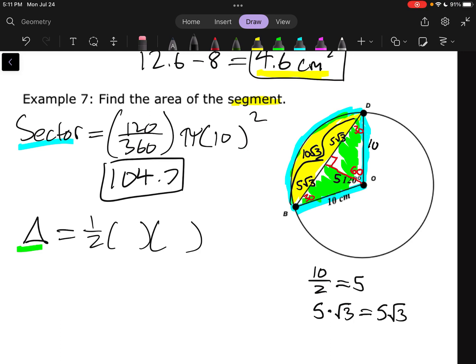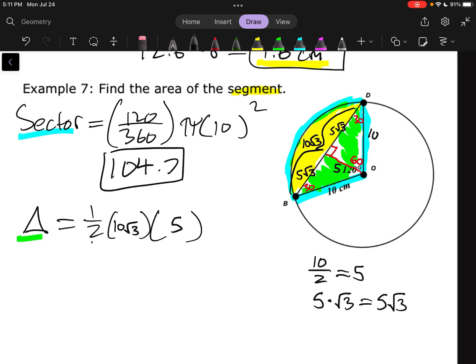So the base and the height of my triangle, the two sides that make a right angle, would be 10 root 3 for the base and 5 for the height. So 1/2 times 10 root 3 times 5 would be 25 square root 3 as an exact answer.